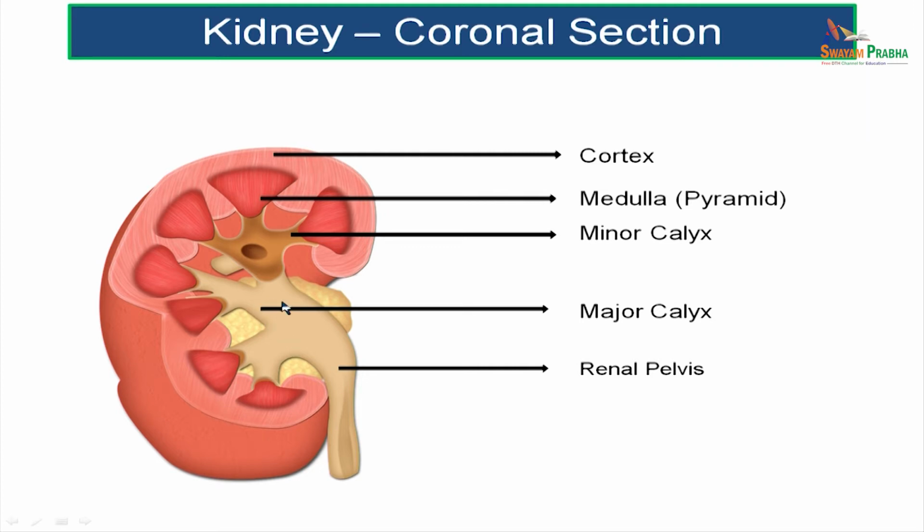The major calyces join and form the funnel shaped renal pelvis. The renal pelvis is going to emerge through the hilum of kidney, and continue as the narrow muscular ureter.